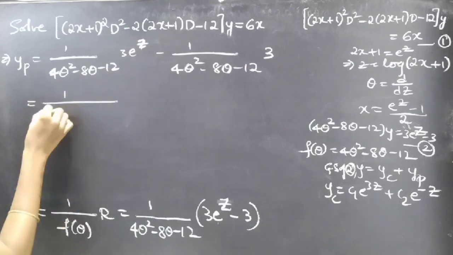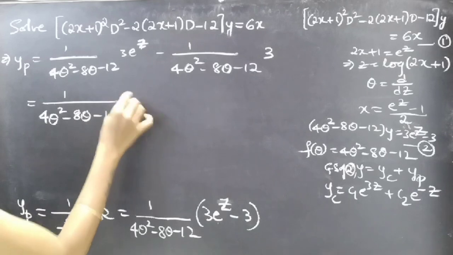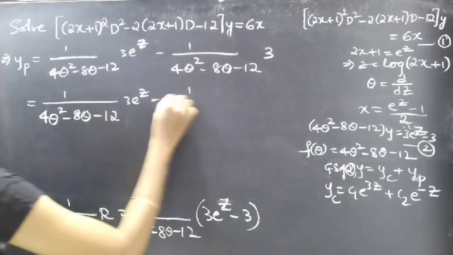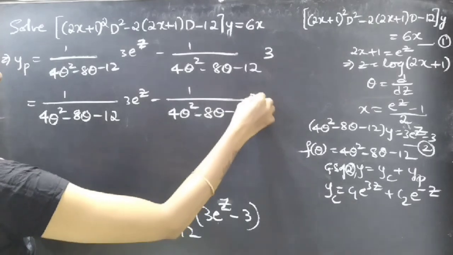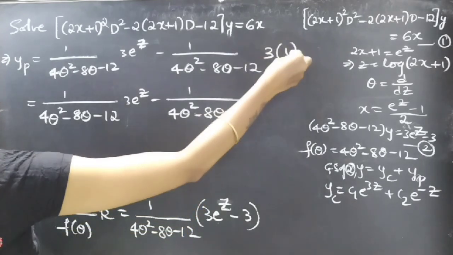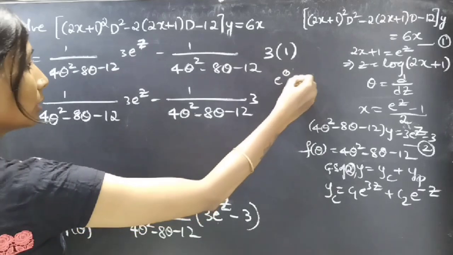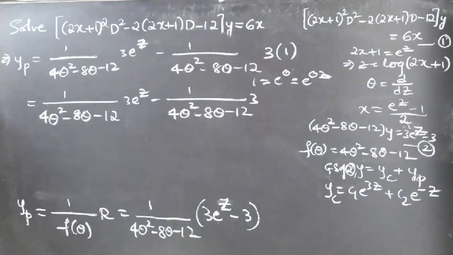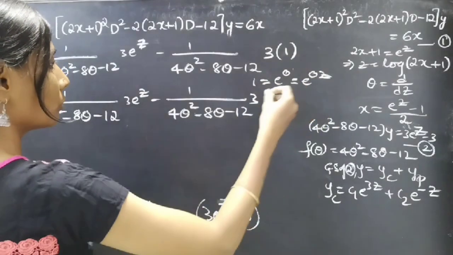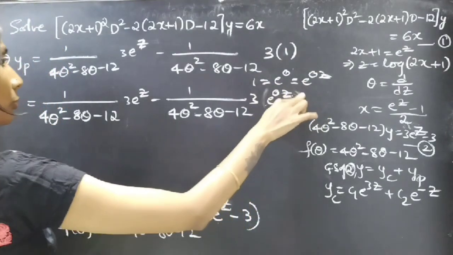You can write 3 as 3 into 1, and you can replace 1 with e power 0 into z, since e power 0 is 1. So we can just replace 1 by e power 0 into z.